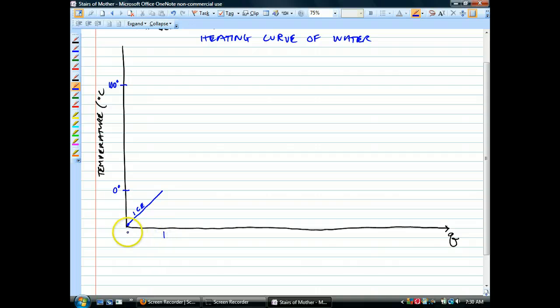Actually, I could calculate that amount of heat. Q equals mc for ice delta T. C for ice is a little bit different than C for water. What is it, 2.1? I want to say.